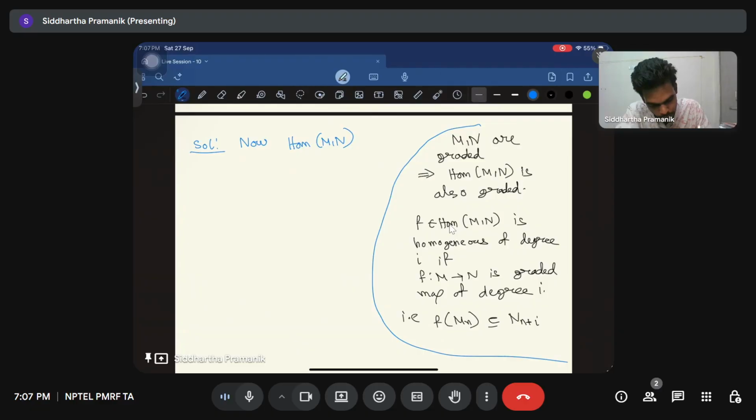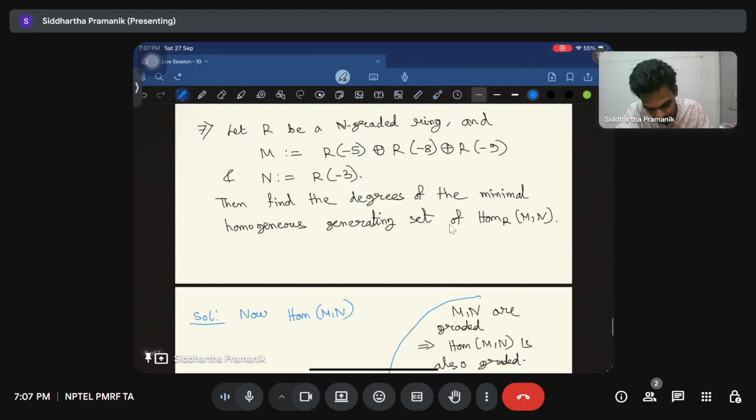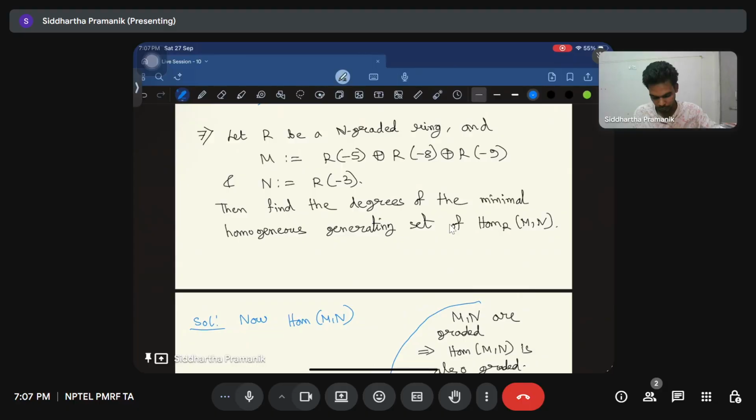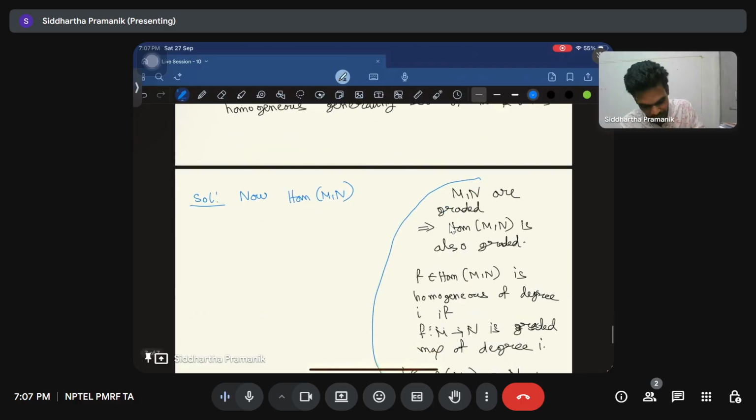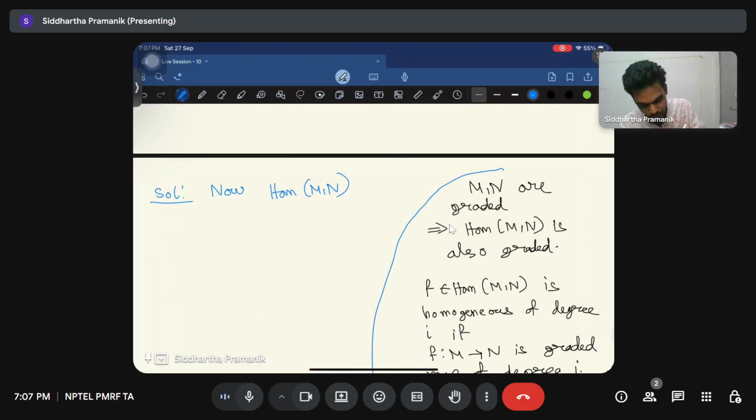So in that way, this graded module Hom is defined. Now we need to find this set, Hom(M, N), and M and N are already given. Now how to do this? So let's write this. What is Hom(M, N) here?